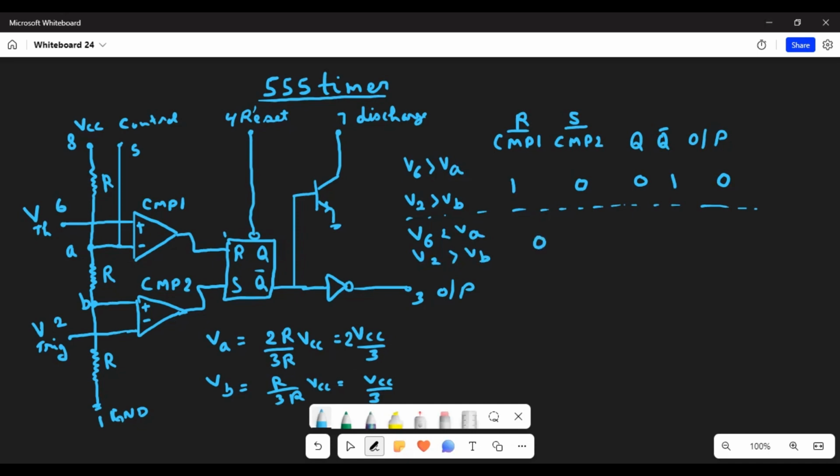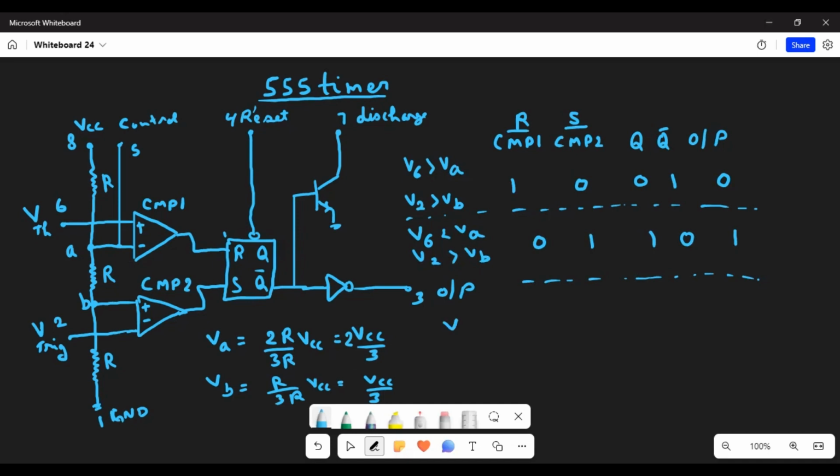Similarly, VB is greater than the voltage at terminal 2, so the output of comparator 2 will be 1. So we get 0 1 as the combination. This will lead Q to be 1, Q bar will be 0 and the output will be 1.